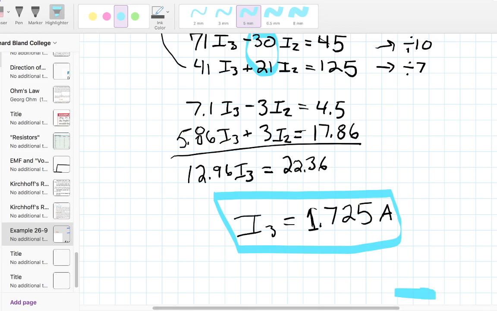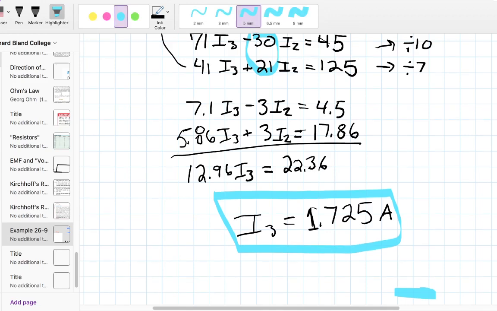It would be interesting, and maybe I'll do this just as a supplement for you guys, to do the same problem over again, but do completely different loops. In other words, to do a loop that goes around the whole outside of the circuit, and then a loop that goes in the opposite direction around the inside of the circuit. The reason for doing that is to show that if you apply Kirchhoff's rules carefully, you should always get the same answer, no matter what loops you choose, no matter how you label your currents, no matter what the direction of your arrows is.